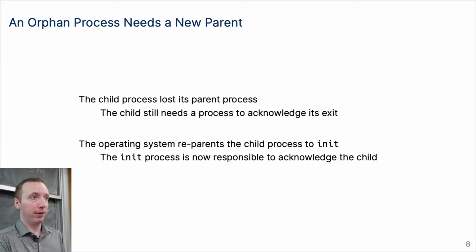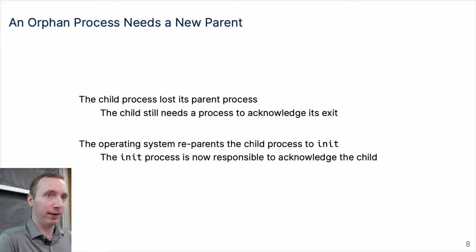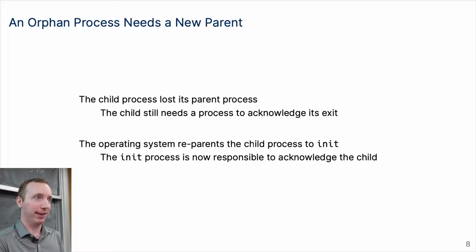Well, the operating system, or in this case the kernel specifically, because it would be executing in kernel mode, needs to reparent the child, and the default choice for most Unix-based operating systems is it will just reparent everything to init. So now we know the second job of init. So the init process is now responsible for acknowledging all of the orphans. So by default, you can think of it as the orphanage.